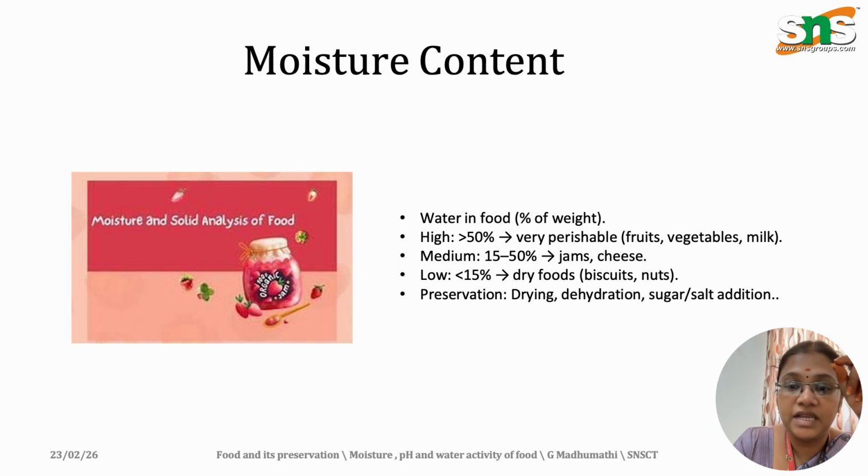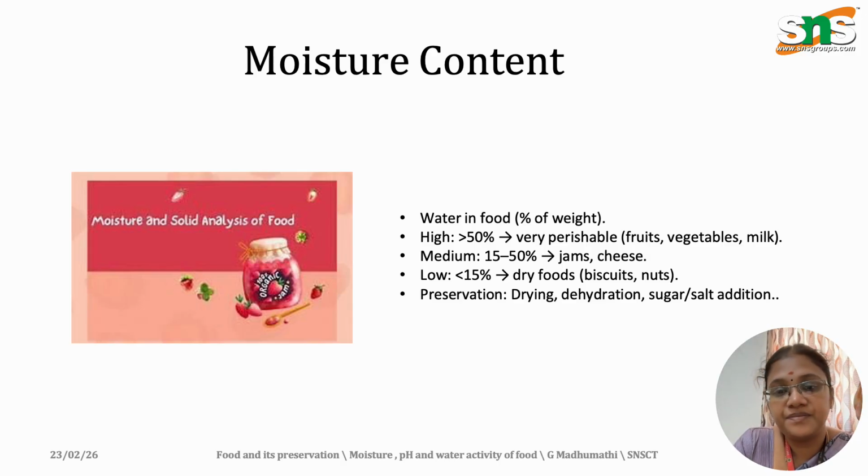And next is the medium range, 15 to 50% moisture, present in foods like jams and cheese. Low means foods having a moisture content of less than 15%, the more dried foods like biscuits or nuts. Those belong to the low moisture foods category.